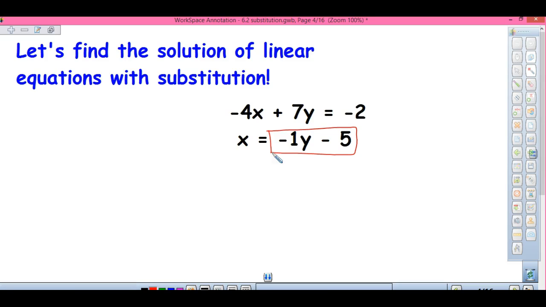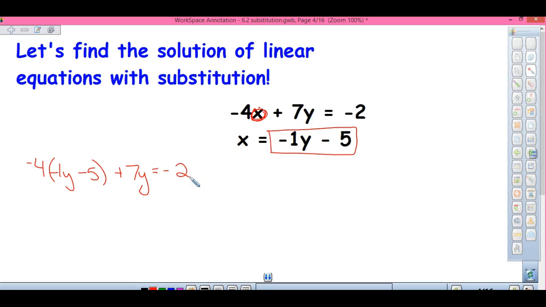X this time because it's x that equals that. So I'm plugging it in right there. Okay, so I'm going negative 4 times, what am I plugging in for that x? Negative 1y minus 5 plus 7y equals negative 2.